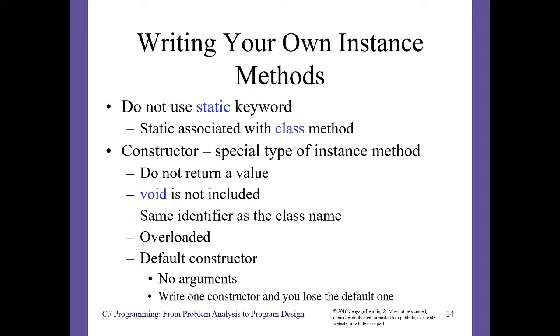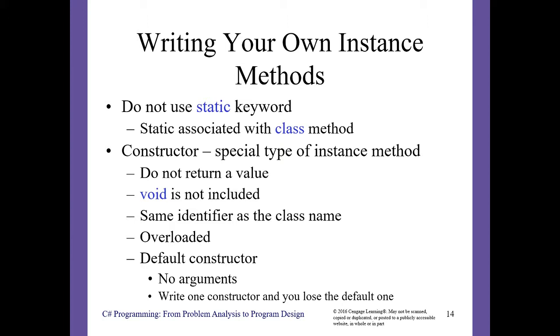So for example, my student name. I want to keep a different value for the student name for every student object that I create. So Joe is going to have his name, Joe. John is going to have his name, John. Gary's going to have his name, Gary. So those can't be static. I have to have a specific instance of that value for each instance of my class.